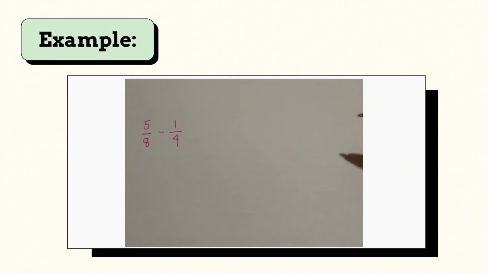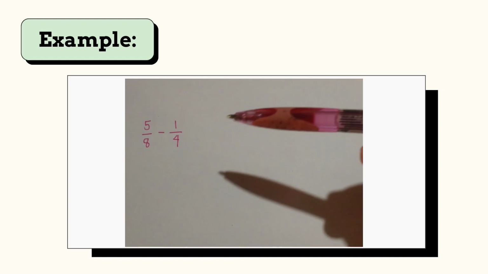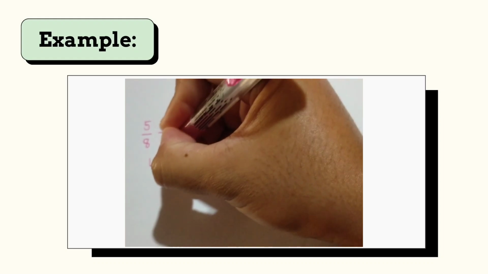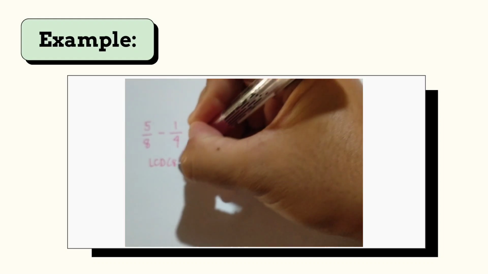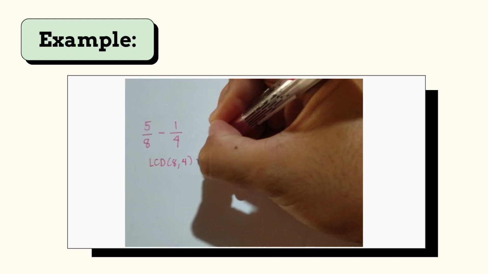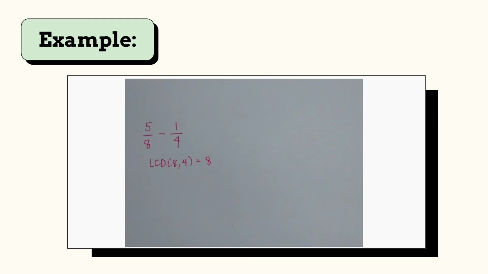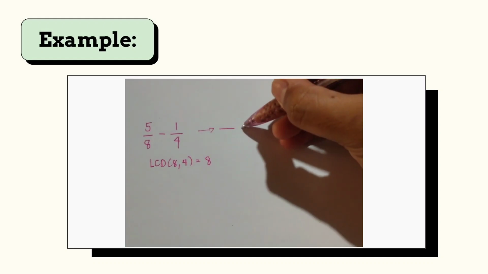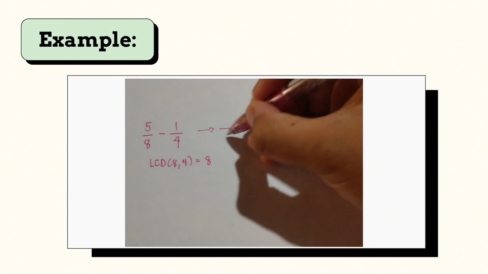What we need to do is find its LCD. So we need to think of the lowest possible number that is divisible by both 8 and 4. So the LCD of 8 and 4 is actually 8. So, we need to convert both of these fractions to proceed with subtraction.